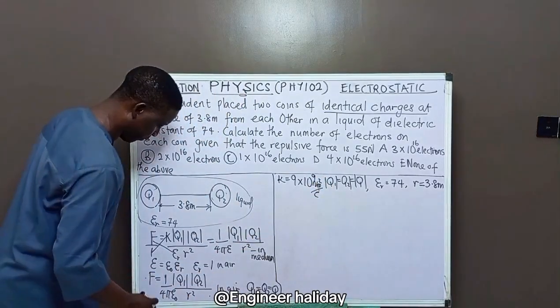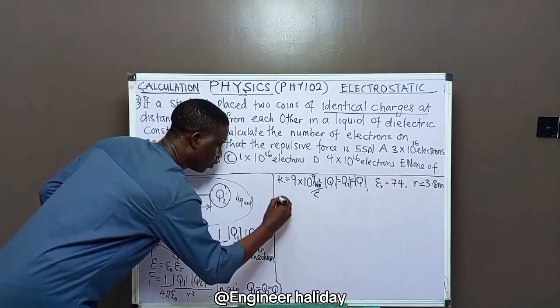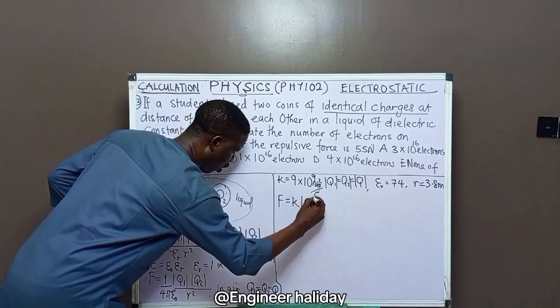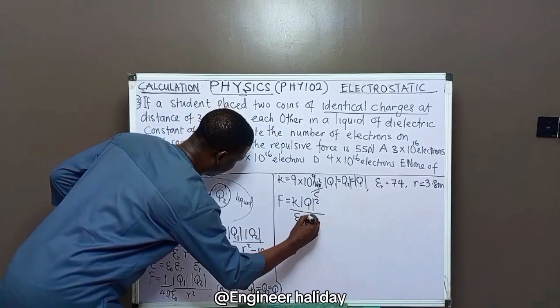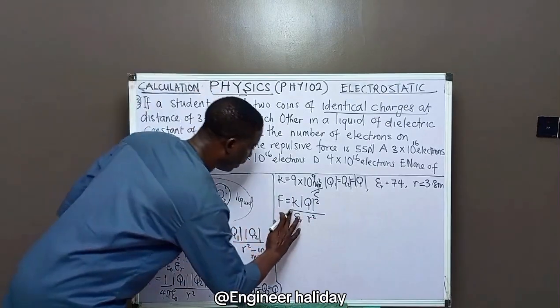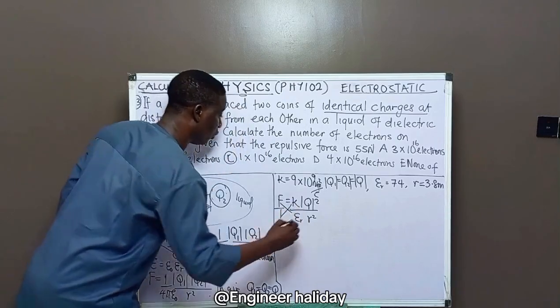Now let's go ahead. Now if you make Q the subject, from here the formula becomes F equals K Q squared all over epsilon R square, because now the two charges are equal. Making Q the subject of formula, I want to cross multiply.